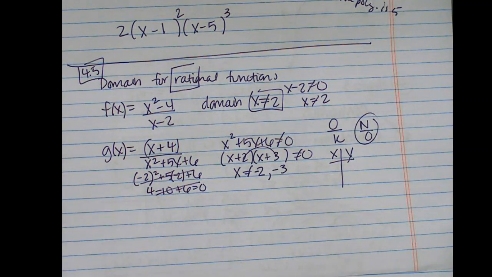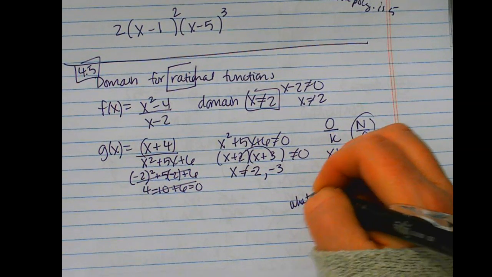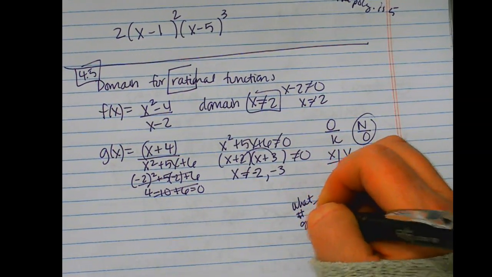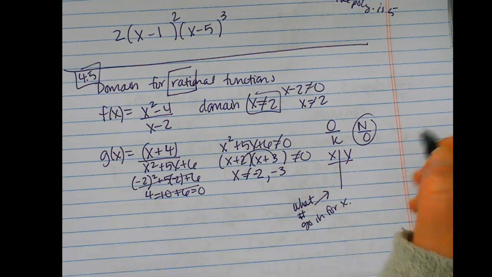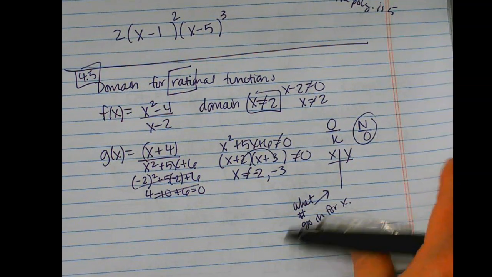Because if we put them in, it breaks the function. So that's what we're looking at, is what numbers can go here. And they could be anything except for negative 2 and negative 3. There's one other big idea I want to talk about before we actually make notes for this section, and that's this.